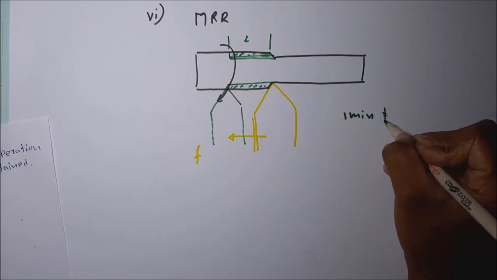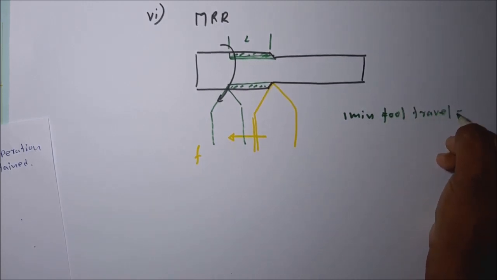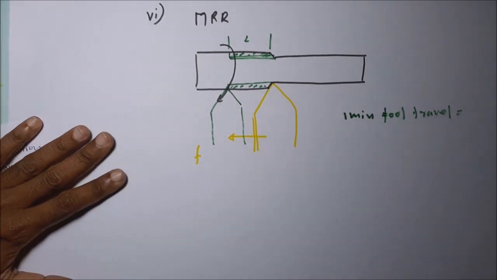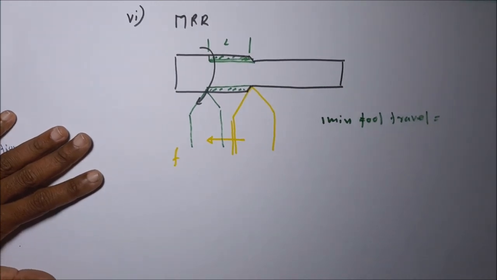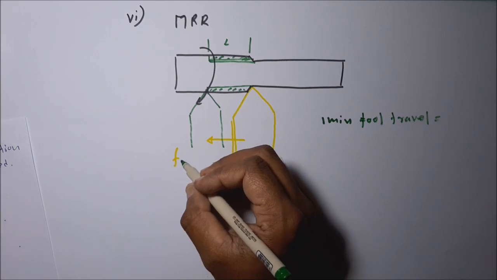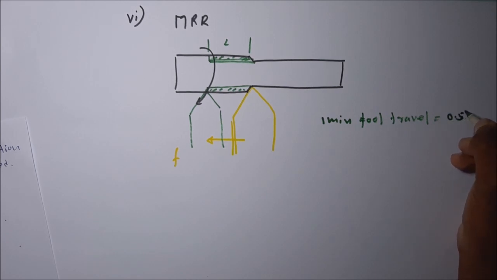In 1 minute the tool travel is equal to, then per revolution feed is 0.5 millimeter.